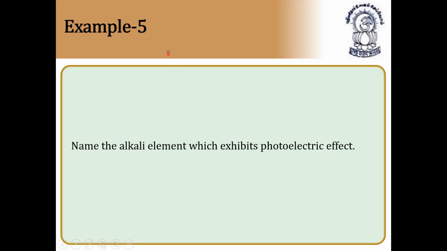Very, very important. What is photoelectric effect? We have seen it in the first chapter, the atomic structure. The photoelectric effect is the emission of electrons when light hits a metallic surface. So which alkali metal exhibits the photoelectric effect?